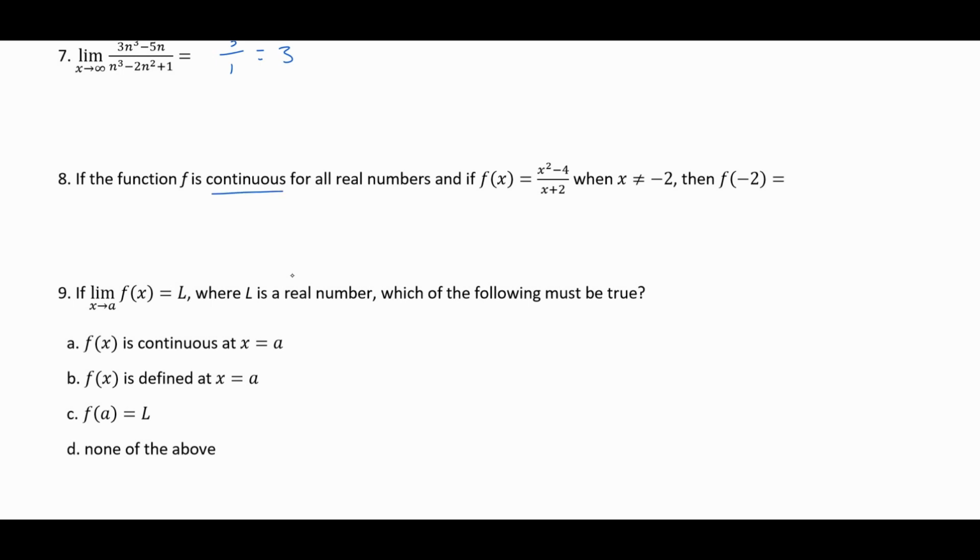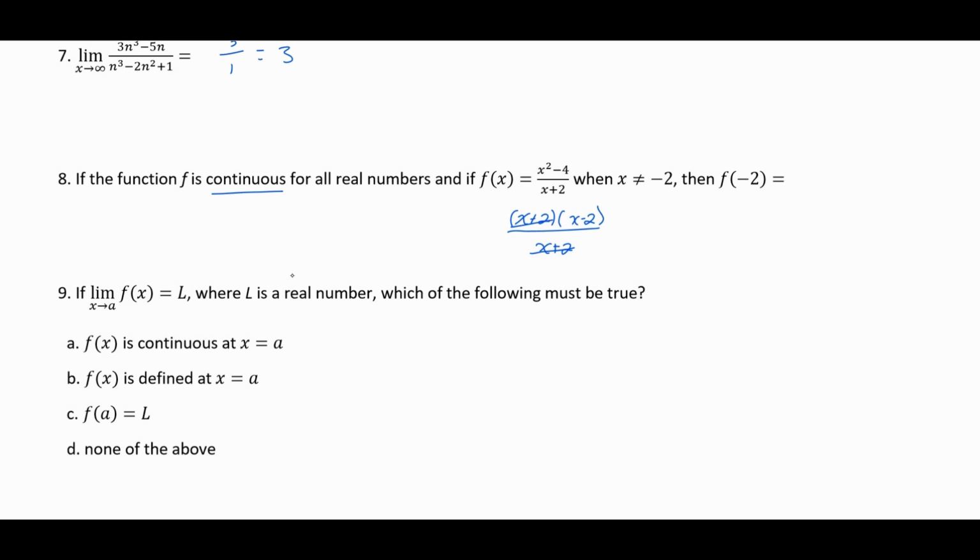So we want to say, all right, there's some sort of hole happening. Where do we need to fill in that hole? What I notice in this numerator is I can factor x squared minus 4. It's a difference of squares. So we can have x plus 2 times x minus 2 all over x plus 2. Those divide out, and I'm left with x minus 2.